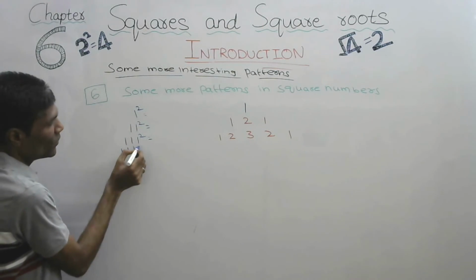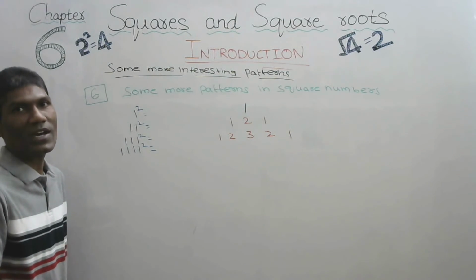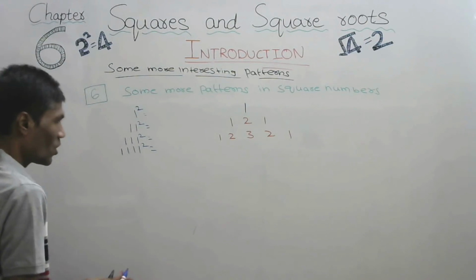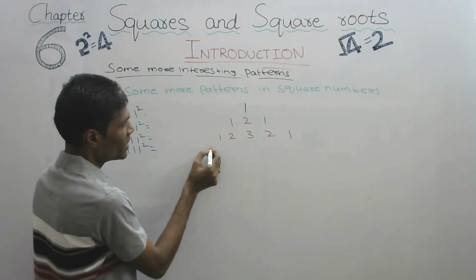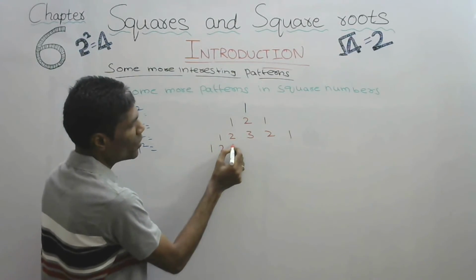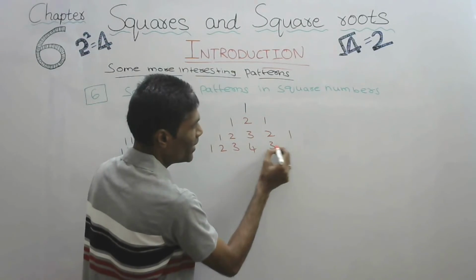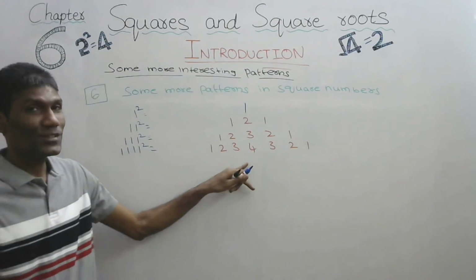1111 square. Now, do you know the value of this? Just simply 4 digits are there: 1, 2, 3, 4, and decrement it: 3, 2, 1. If you want, check it out.